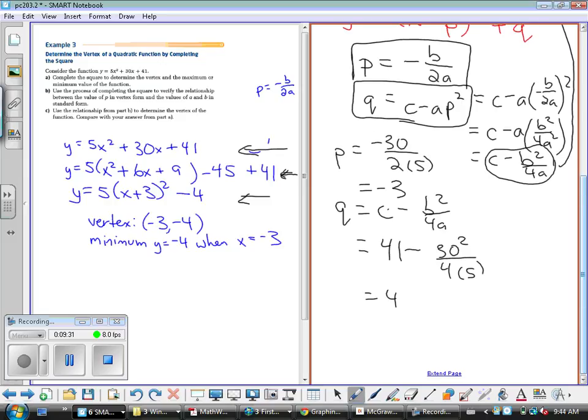So 41 minus 900 over 20, okay, which equals 41 minus 45, which equals negative 4.